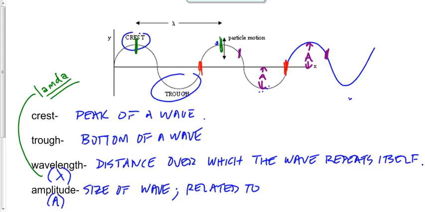What do waves do? They carry energy from one place to another. If you have a bigger wave, you're carrying more energy from one place to the other. The size of the wave, the amplitude of the wave, is related to the energy of the wave.